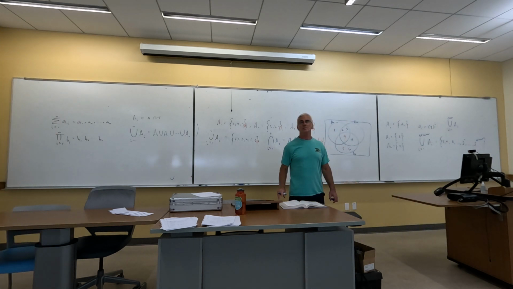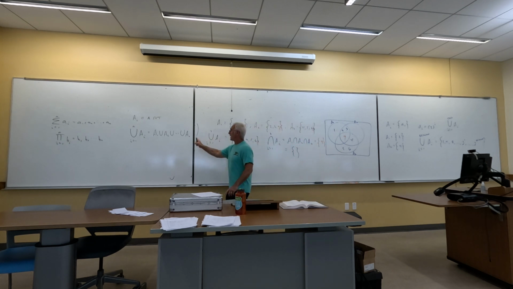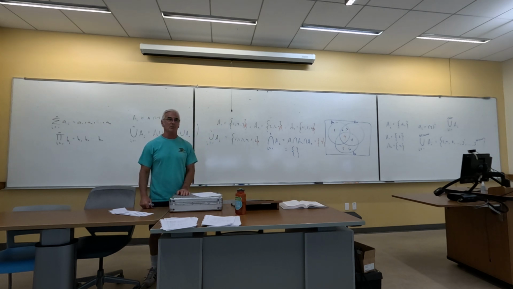Does the order of terms in that set matter? No, but you probably want to write them in the order of the A's, right? A1, 2, 3, 4, because otherwise it's easy to get lost. So all I'm interested right now is the notation. How to do this is easy, okay? So if you're wanting a multiple union, you just take everything, throw it into the basket, and write them all down, okay? That's the easy part.